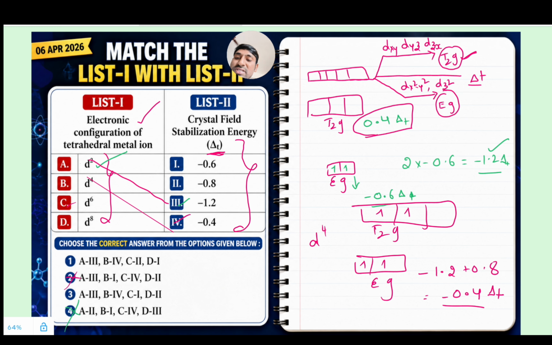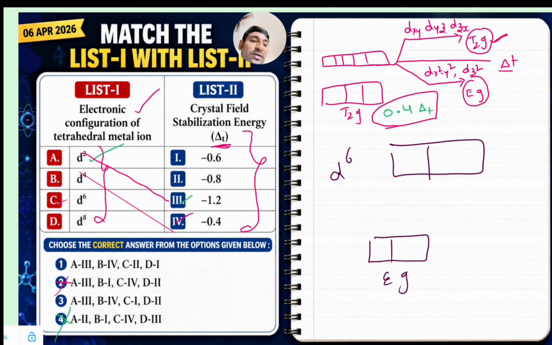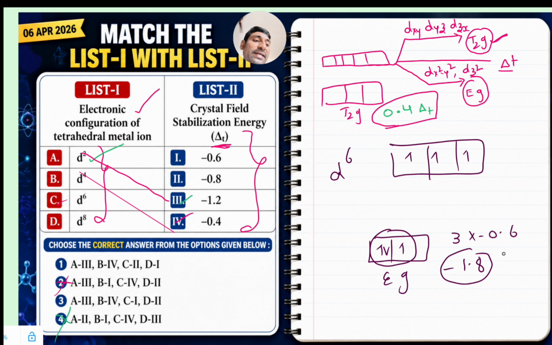Now how to move to C, d6. How to take d6. Here the Eg orbitals are filled, and now here I have to take the T2g orbitals. So here 1, 2, 3, 4, 5, 6. Here 3 electrons are entered into the Eg orbitals, meaning 3 into minus 0.6, which is minus 1.8 delta T for Eg.